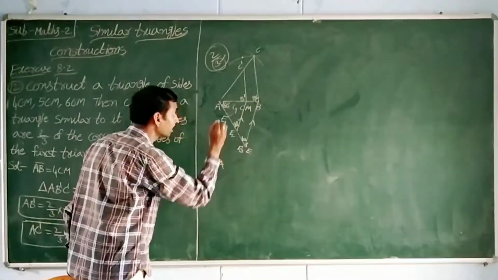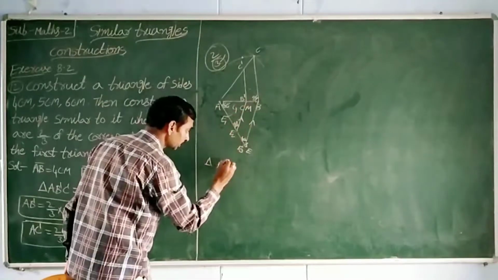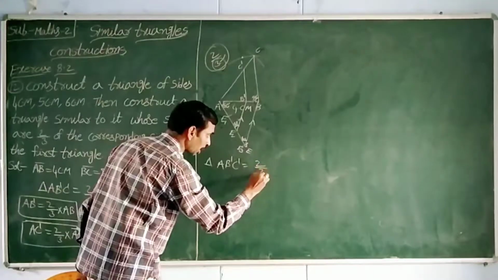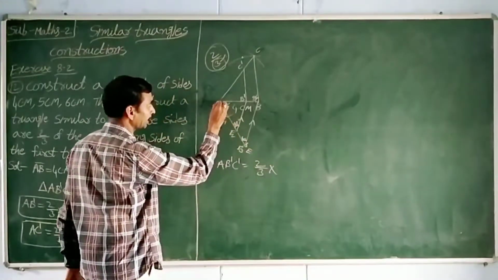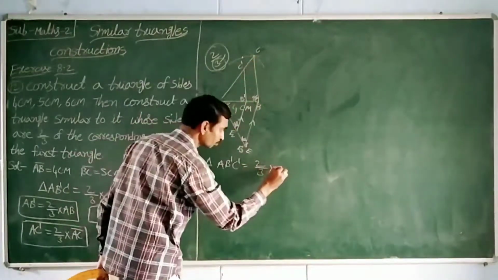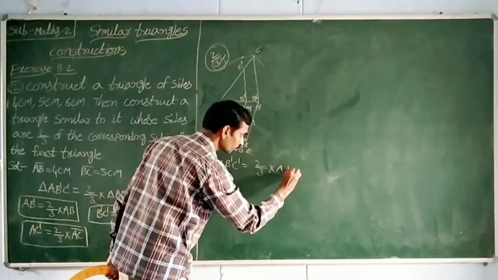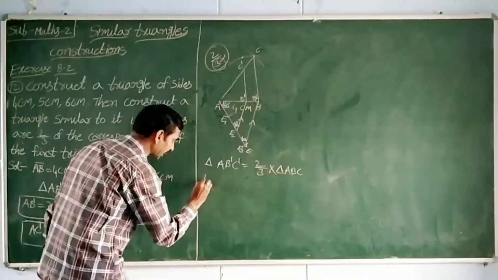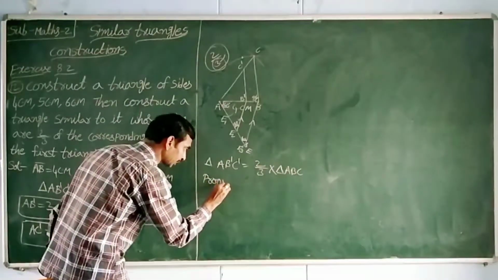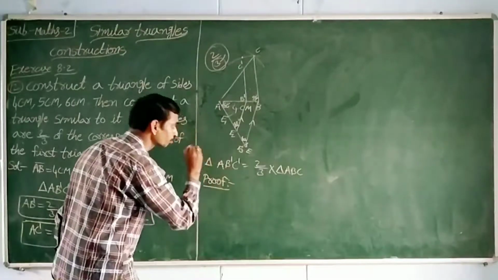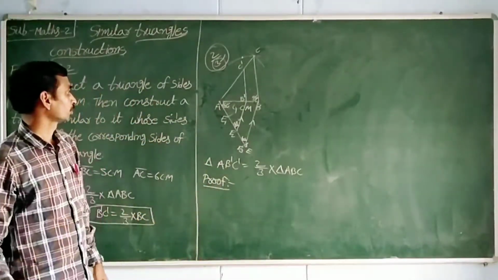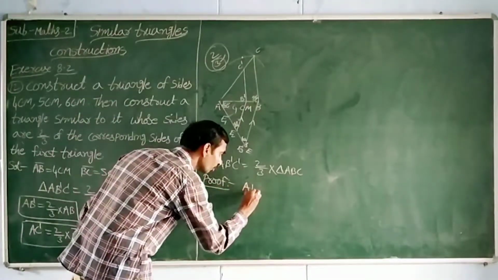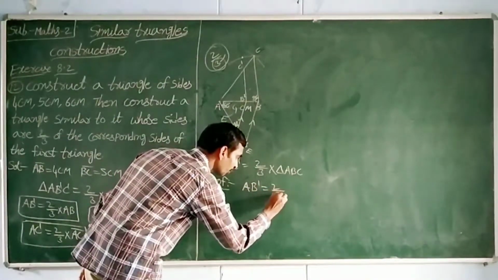Triangle A, B dash, C dash is 2/3 part of the total triangle ABC. Now you can check whether it is correct or not. Proof. Here AB dash is 2/3 part of AB.